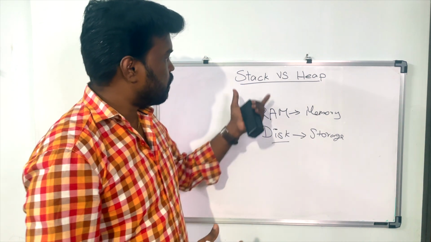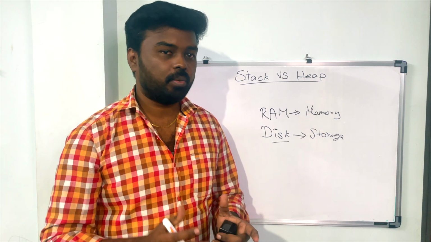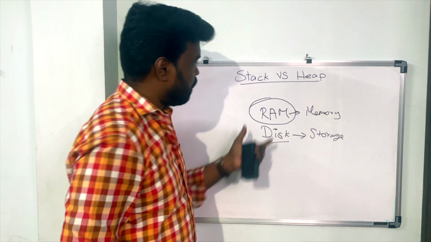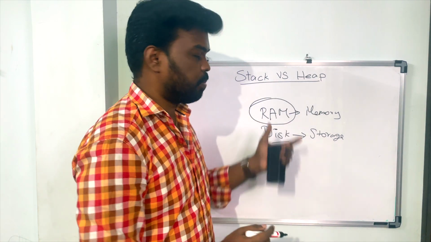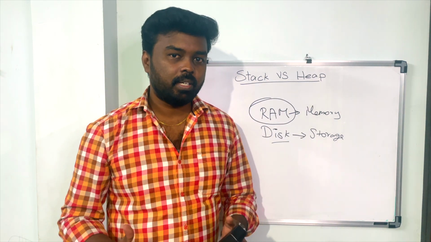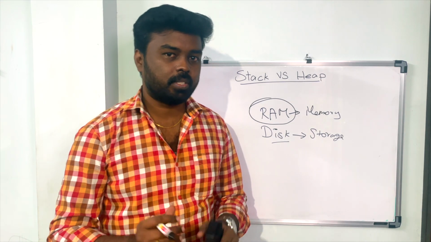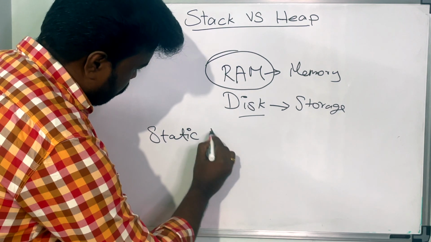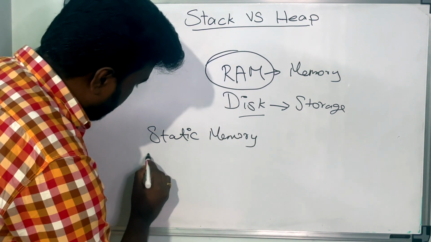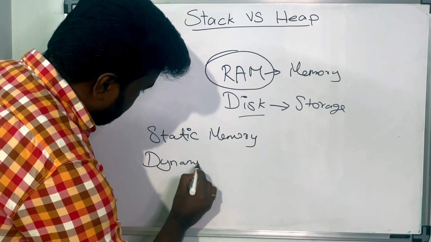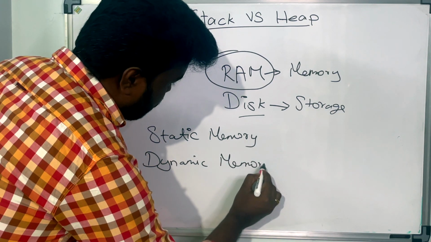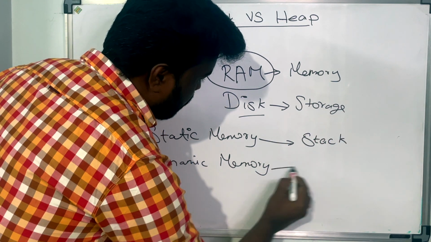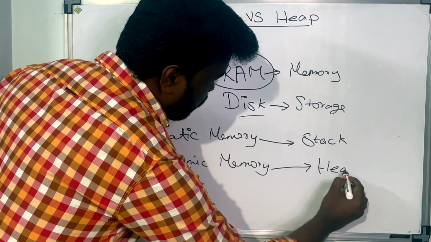Now the stack and heap memory allocation actually works in the RAM. It's actually part of the RAM. So in this video, we are going to focus on the stack and heap memory allocation, which is part of the RAM. Now in the programming language, we have two different types of memory. One is static memory and we have dynamic memory. Static memory usually gets allocated in the stack and dynamic memory usually gets allocated in the heap.